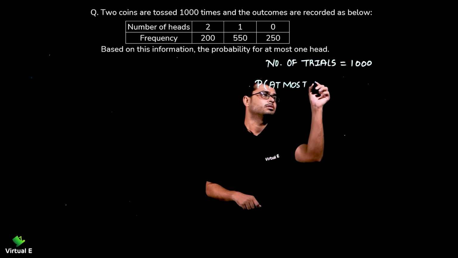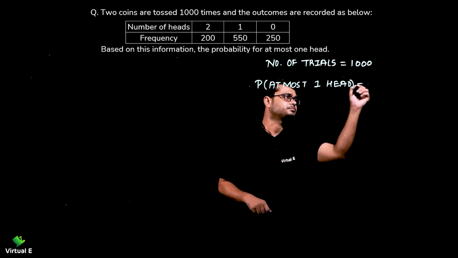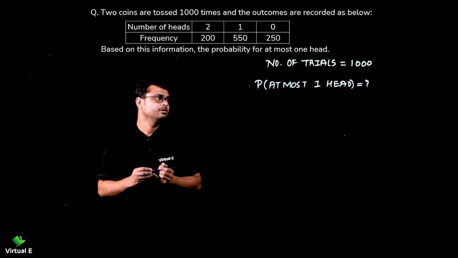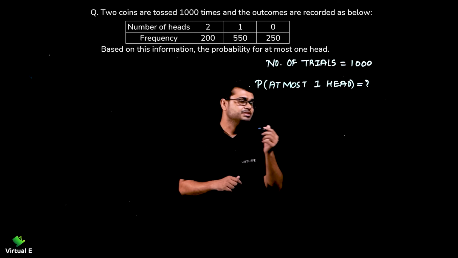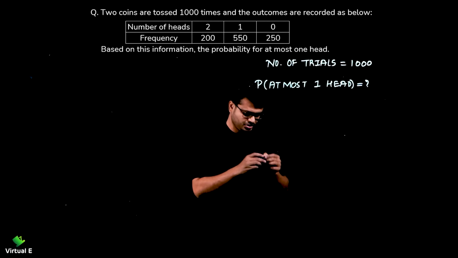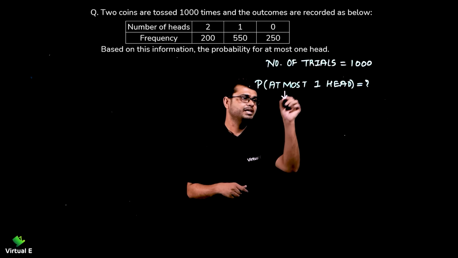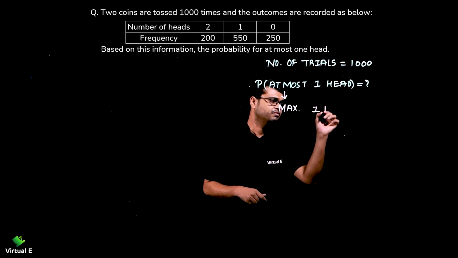So probability of at most 1 head. Previously the case was at least, now here it is at most 1 head. So let's understand the meaning of the word at most. At most means maximum 1 head.